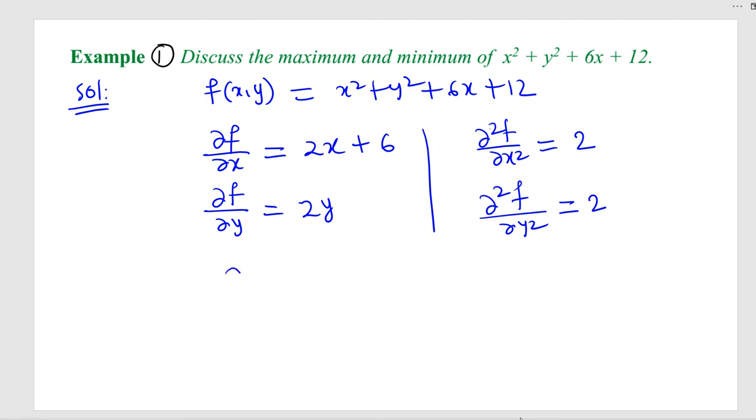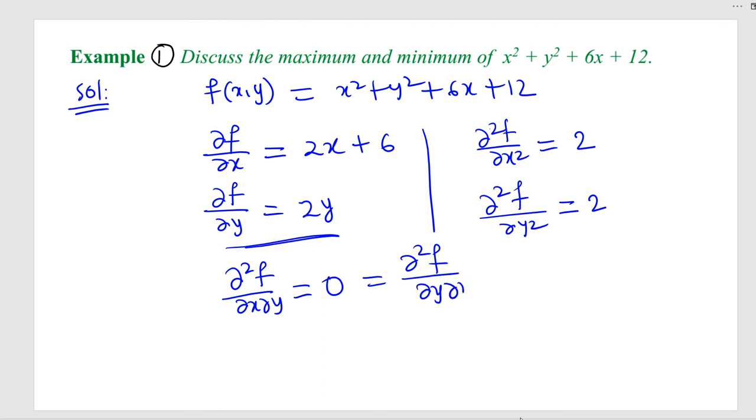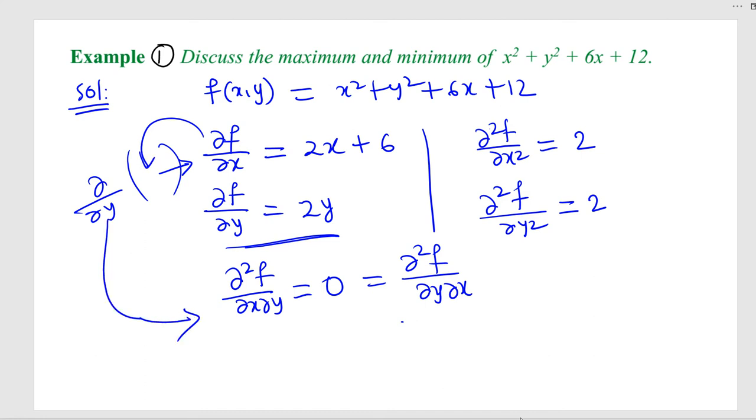Not only that, you need to find del 2f del x del y. If you find it here, this becomes 0. Similarly, if you find del 2f del y del x, again this becomes 0. If you differentiate with respect to y again, then you will get this relation 0.